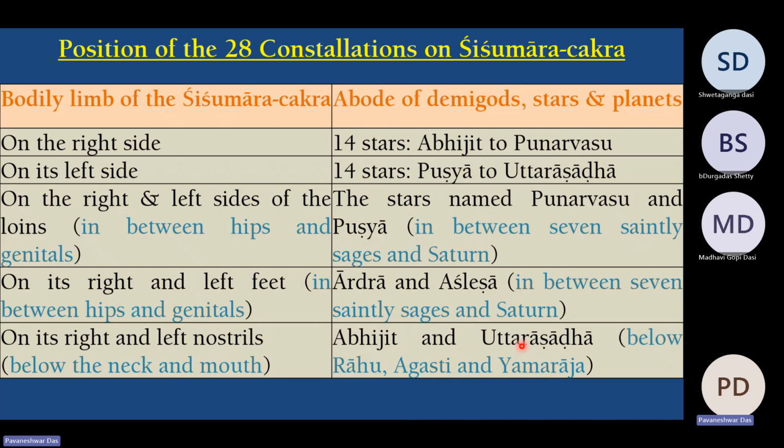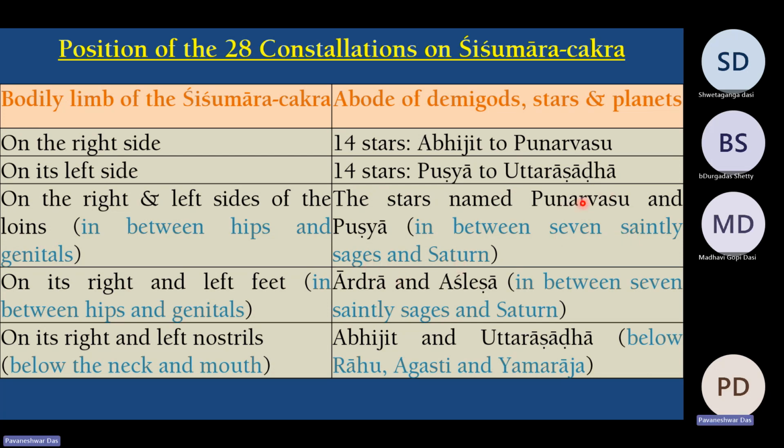Then in the same chapter, there is mention of 28 nakshatras and where these nakshatras are located. 14 nakshatras are on the right hand side, 14 nakshatras on the left hand side. Of these 14, Punarvasu and Pushya are located between the Saptarishis and Saturn.